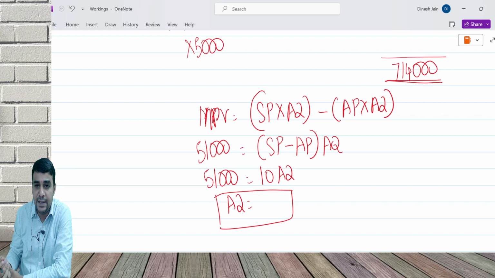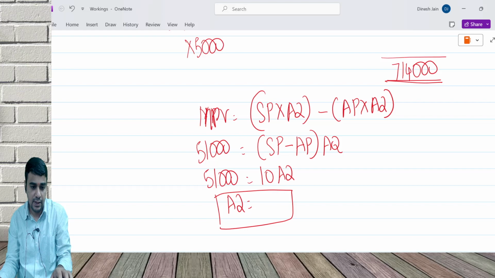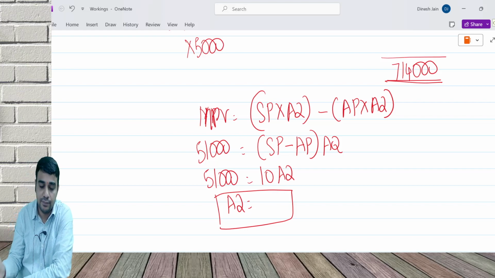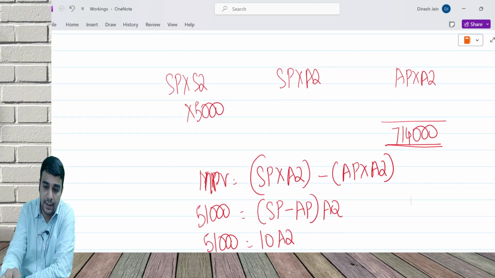SP minus AP is 10 rupees. The gap between them is 10 rupees. So how much is the AQ number? 5,000. I take it here.